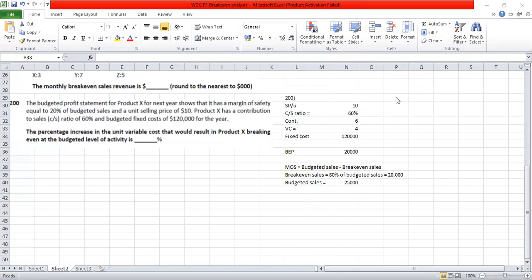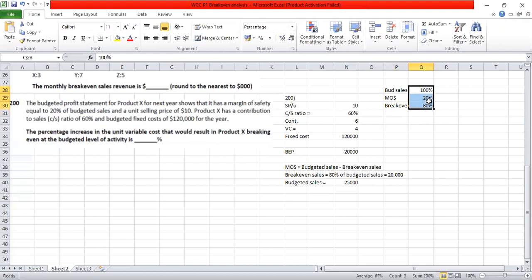So if we present budgeted sales as 100%, margin of safety is given as 20%. We have the formula margin of safety is equal to budgeted sales minus break even sales. So break even sales will obviously be 80%.